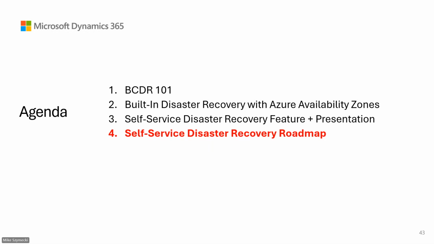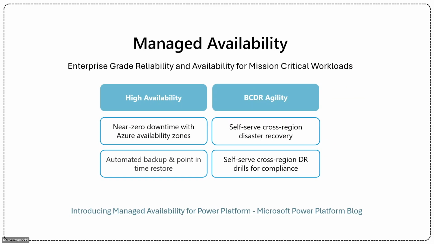Okay, so that was the overview and the description of the self-serve disaster recovery feature, the experience in Power Platform Admin Center, the billing experience, and disabling the feature if needed. The way we have been talking about this is within the context of managed availability. There was a blog on this in March. The link here is to the managed availability for Power Platform blog.